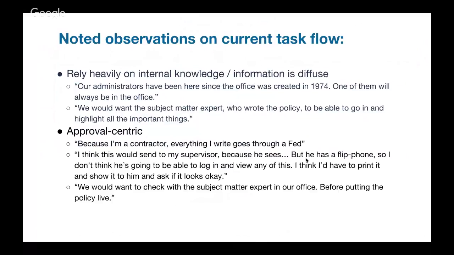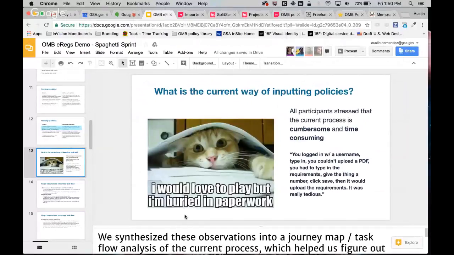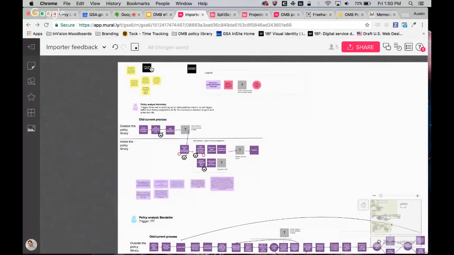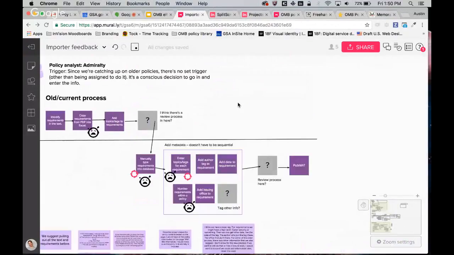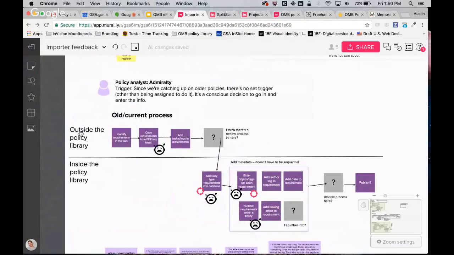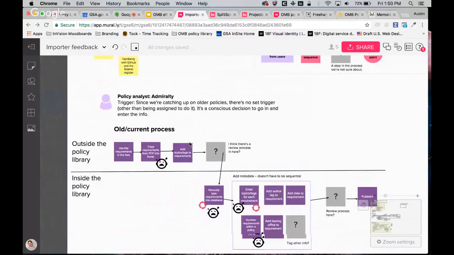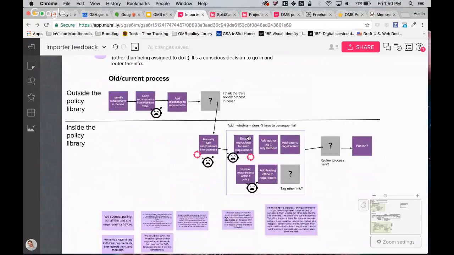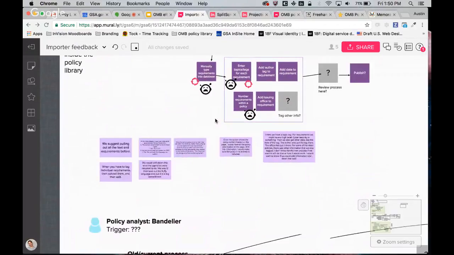So here in the notes, I have that we did an exercise where we synthesized some of that feedback, like levels of feedback. So we did this task flow of our participants and saw what their current process looked like outside of the library, how they got stuff into the library, and then marked things that had to be done in duplicate or repeat instances, and then pain points.